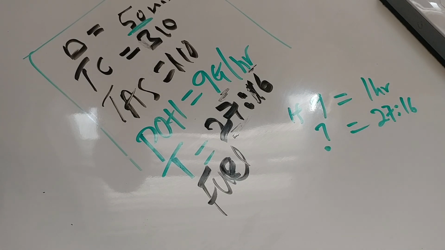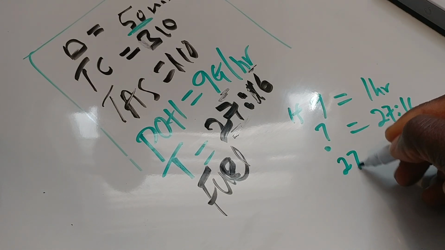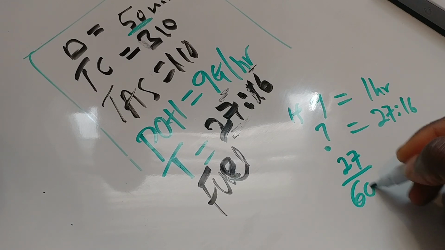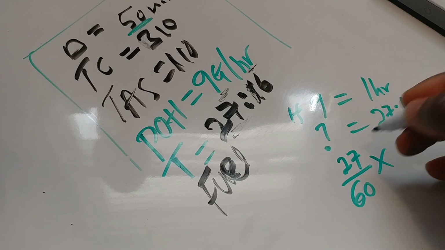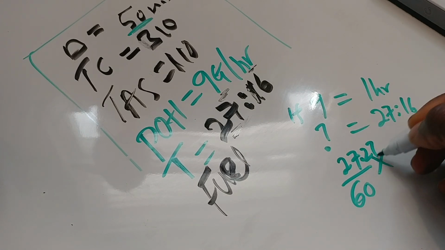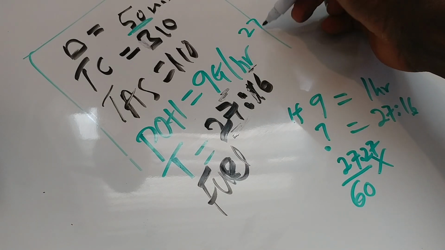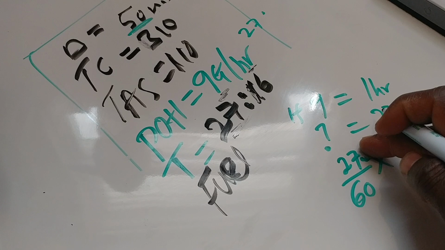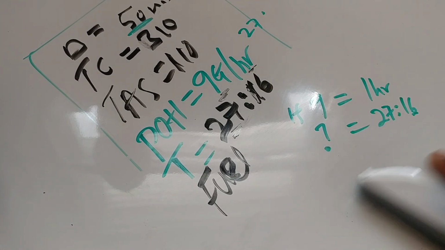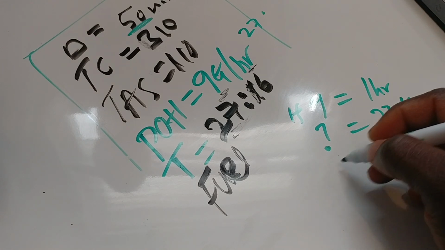So it's gonna be 27 divided by 60 times, or you can make it 27.27. You can convert this back to the 0.27 divided by 60, or you can make it simple to make things easy. I'm just doing this for the easy way. You can make it 28.